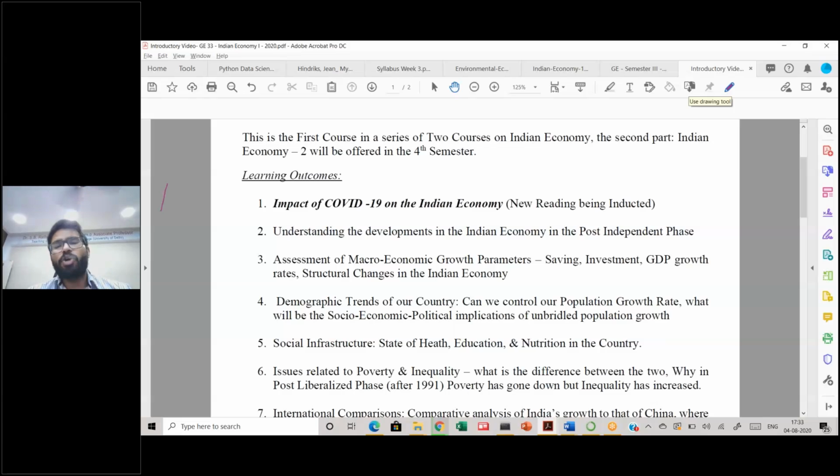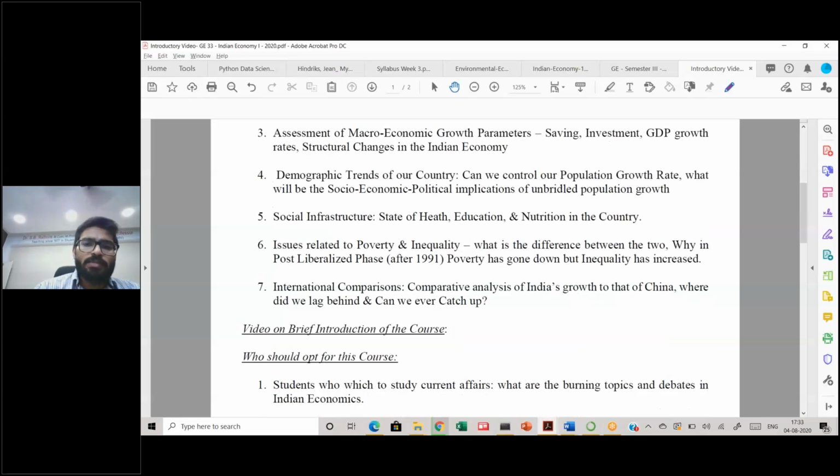Then, lastly, in this part we'll talk about the difference between India and China, and how we started our growth models. We will see that in the year 1977 there was a clear divergence, because China adopted a different type of economic policy, whereas India continued its economic policy from 1950 onwards till 1991.